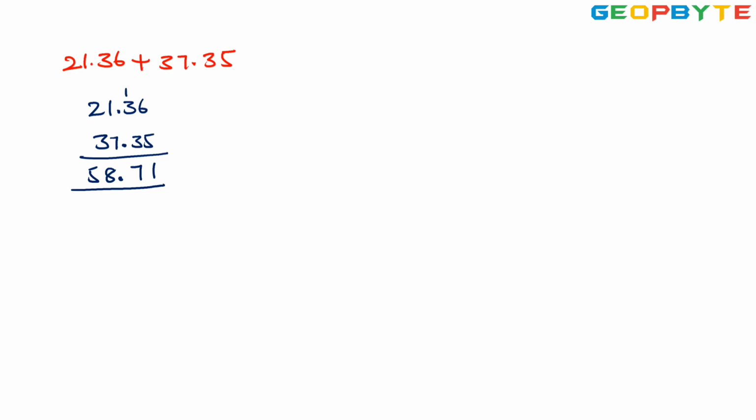Next, one more example. 0.19 plus 2.3. So we need to add these two. Now 0.19 and one more is 2.3.